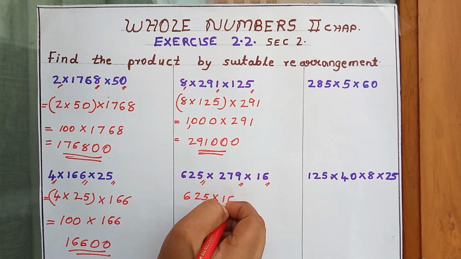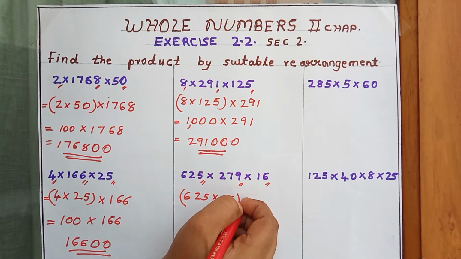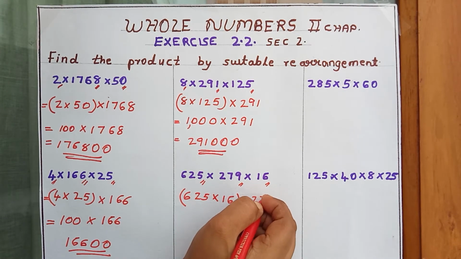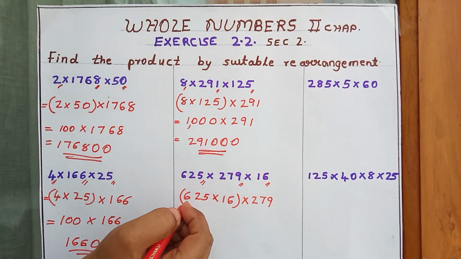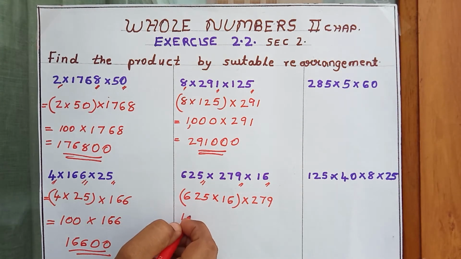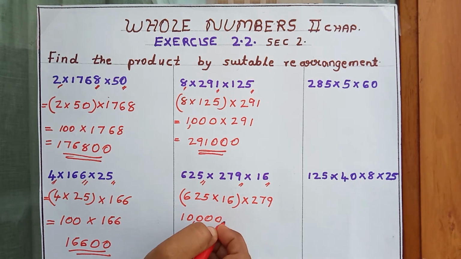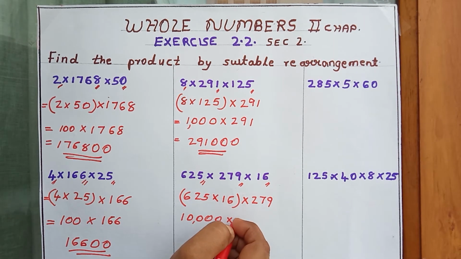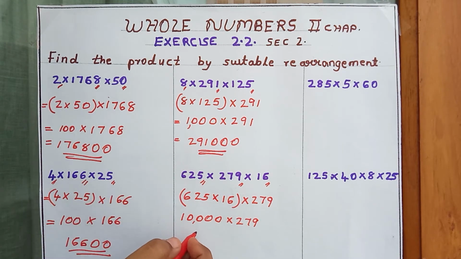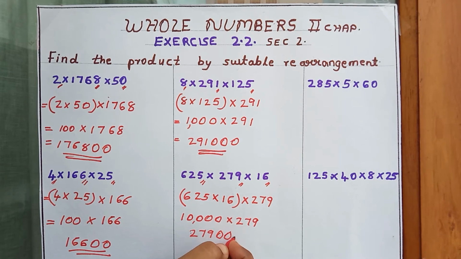So 625 into 16 into 279. 625 into 16 will be giving 10,000. 10,000 into 279. I told you we are using all these properties just to make our calculation very easy. 279, and how many zeros we should add? 4 zeros. 1, 2, 3, 4. So this is our answer.